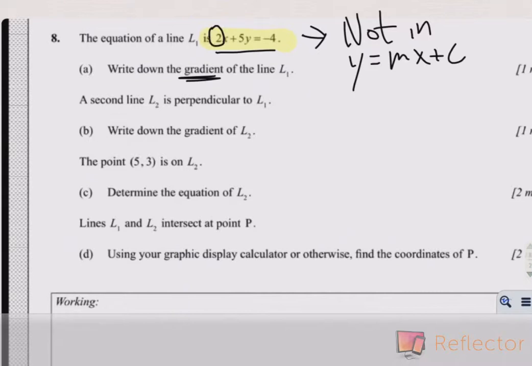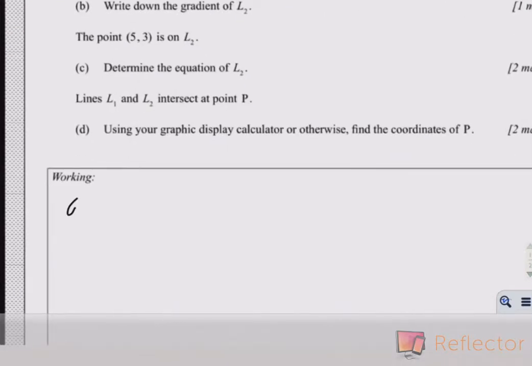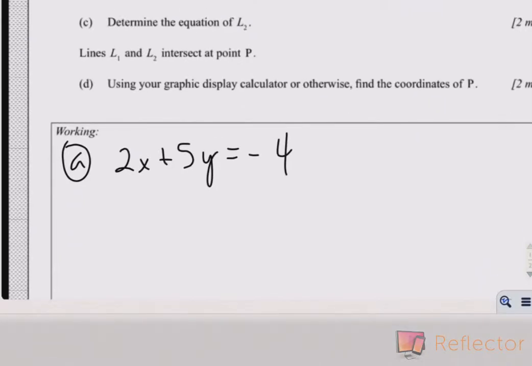2 is not the gradient because there's a 5 in front of the y. That is an issue. So let's work this out. We have 2x plus 5y equals -4. We're going to get this into y equals mx plus c form, and the first step is going to be to subtract 2x from both sides.